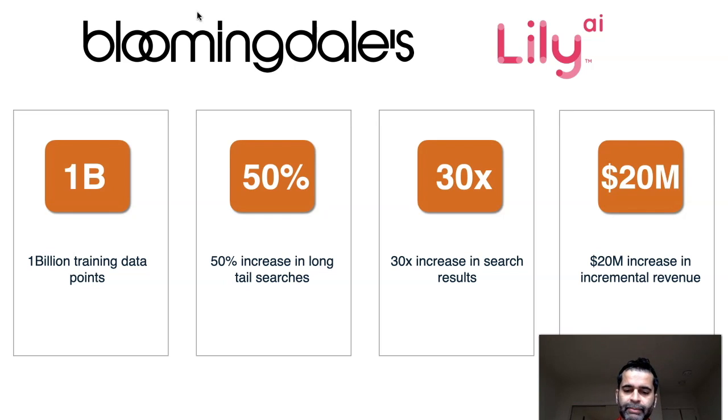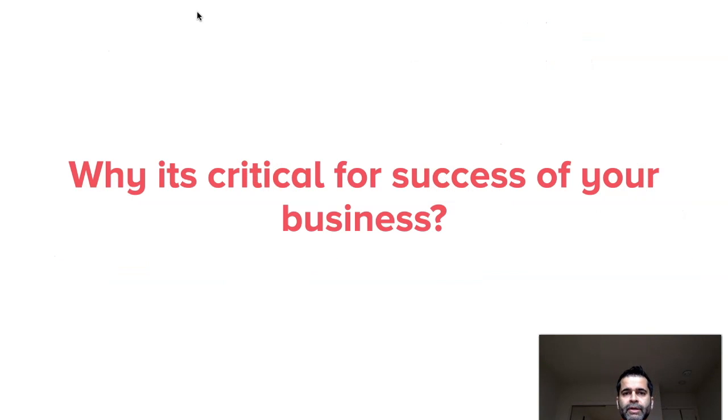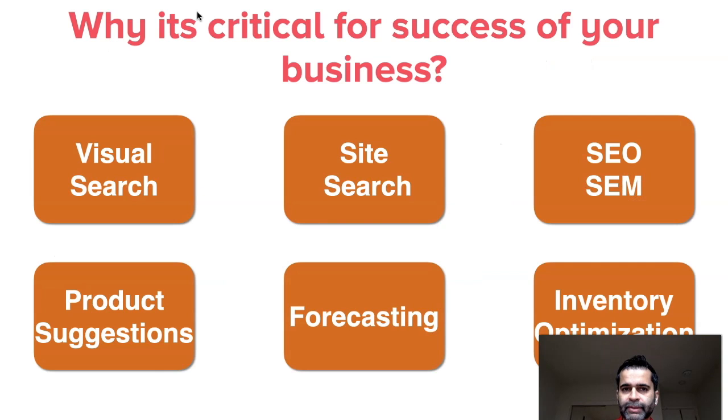So if you are running an e-commerce business with multiple products, it's very important to start looking into how you can enrich your product data so you're not missing out on these opportunities. So why is it critical for the success of your business? Product data enrichment is just the basic step zero for everything. When your data is more enriched, you can have better visual search, so people can take a picture and visually search for a similar looking item in your product catalog.